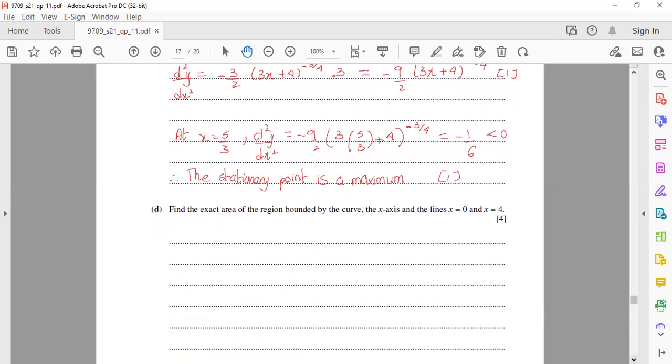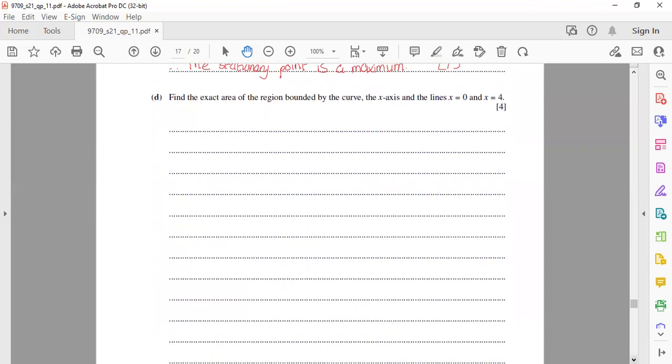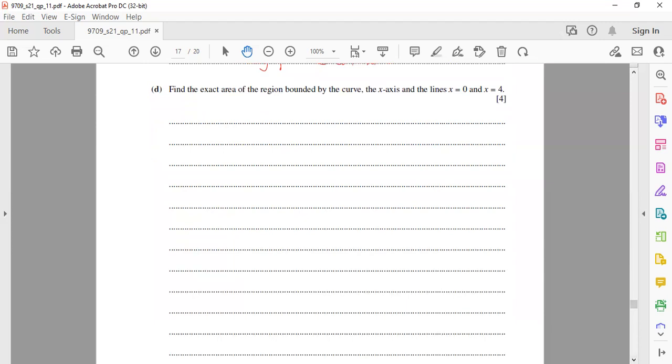And the last part D, find the exact area of the region bounded by the curve, the x-axis, and the lines x is equal to 0 and x is equal to 4. So when you have to find this area, you have to integrate the curve, which means integral of y dx. So we will integrate between the limits from x is equal to 0 to x is equal to 4 of y.